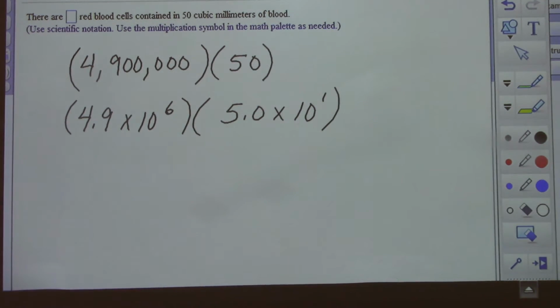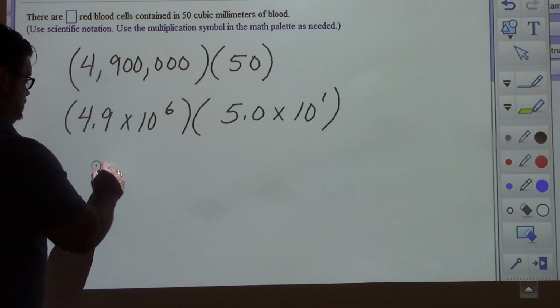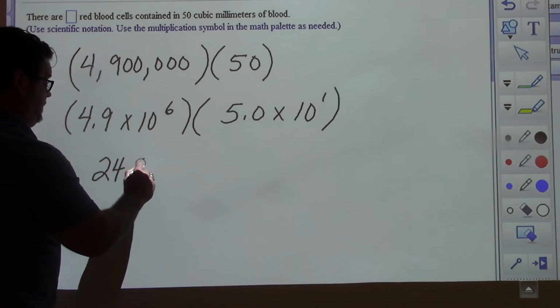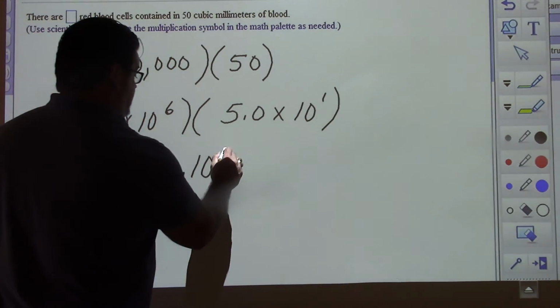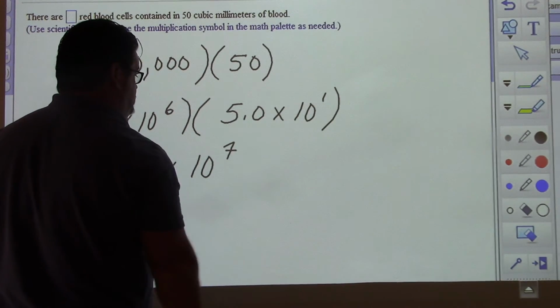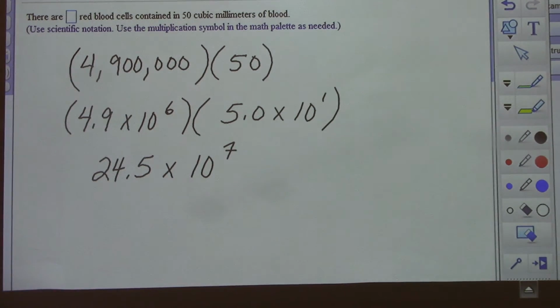Now you know that 5 times 5 is 25, so your answer is going to be less than 25 because you're talking about 5 times 4.9. 5 times 4 is 20. 5 times 9 is 45, so that's 24.5. No, you do not need a calculator for this. Unless you can't make change. And if you can't make change, you shouldn't be running a cash register.